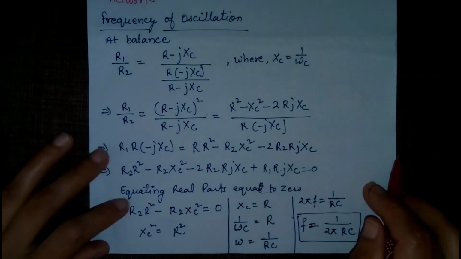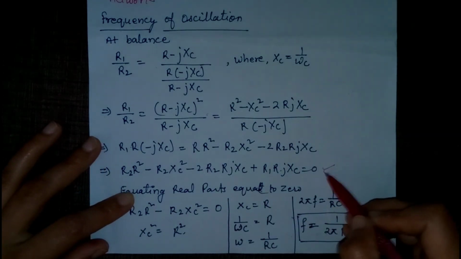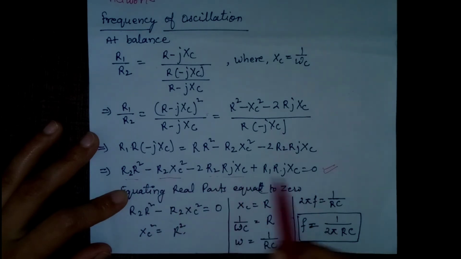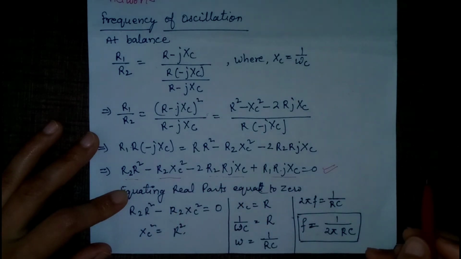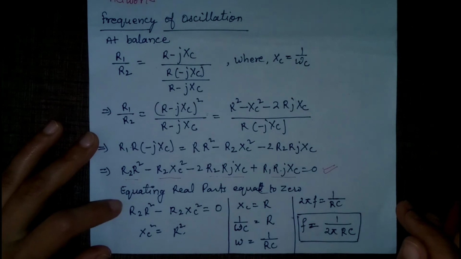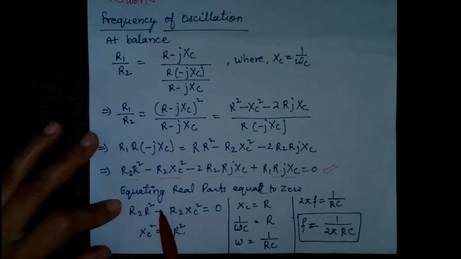After solving these equations, we will get the final equation, this one. Here this and this are the real parts and this is the imaginary part of the equation. We will equate the real parts of this equation to get the frequency of oscillation. Here R2 R square minus R2 XC square equals 0.